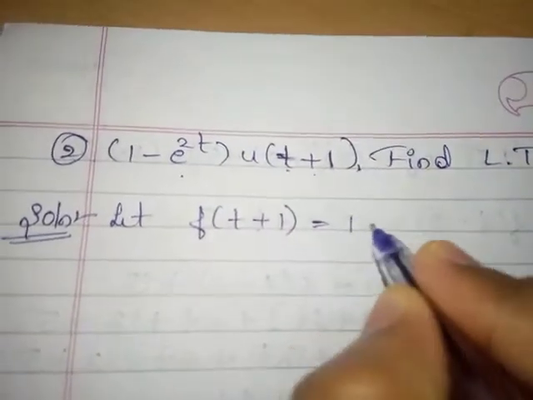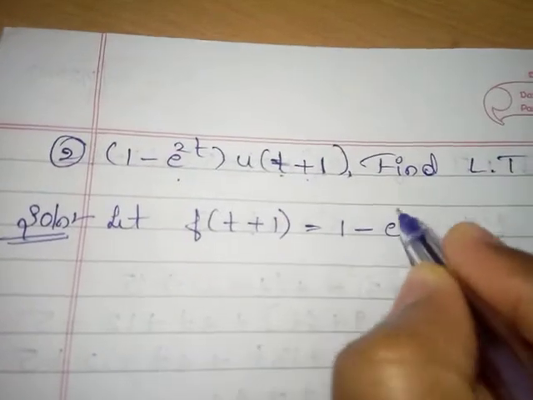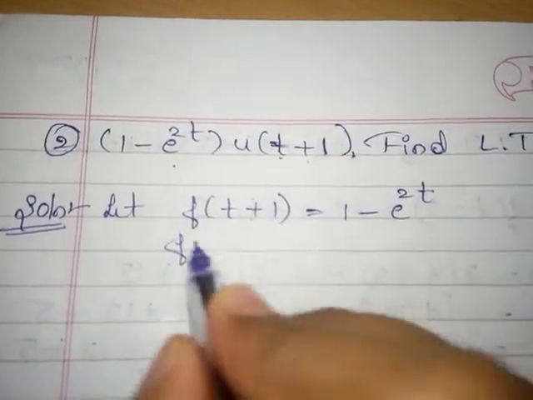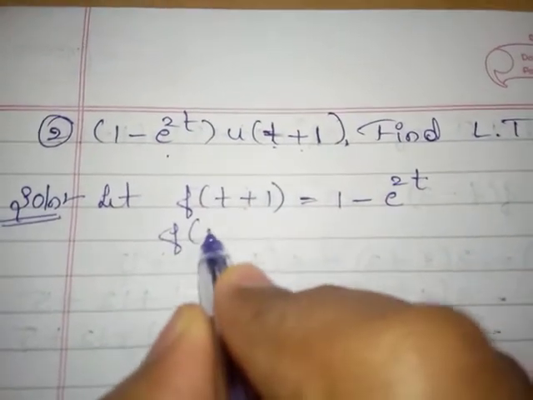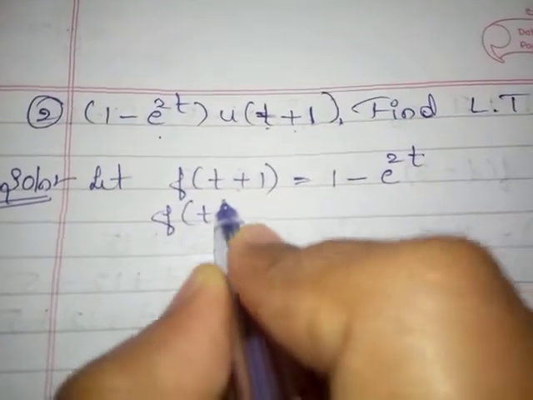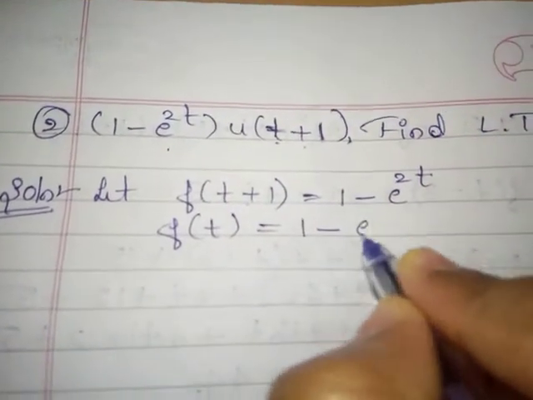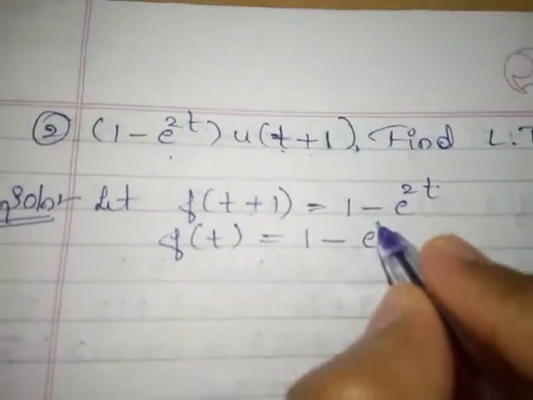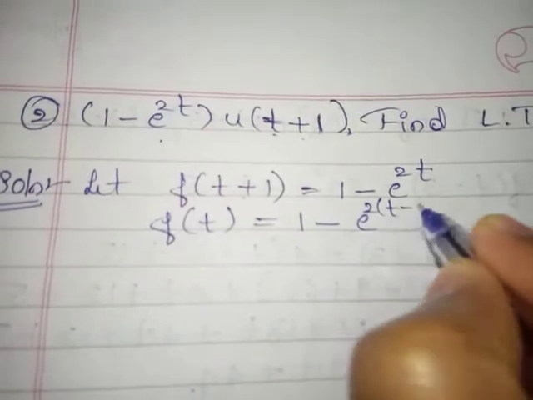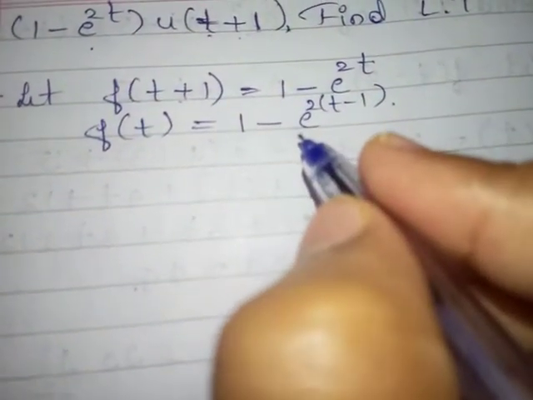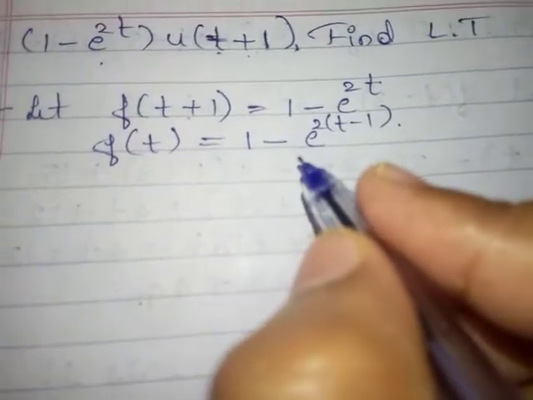This is 1 − e^(2t). Now we have to subtract minus 1 from this variable, we get plus 1 minus 1 cancelled. It is f(t), which is equal to 1 − e^(2(t − 1)), by replacing t by t − 1.